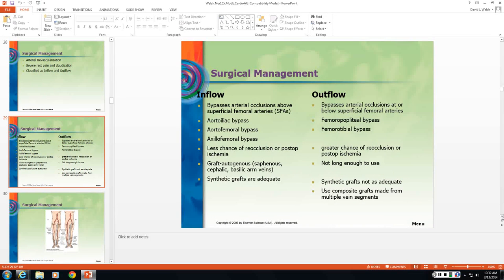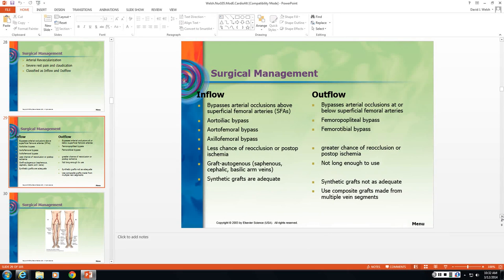Now, the outflow usually bypasses arterial occlusions at or below the superficial femoral arteries. It's going to be your femoral popliteal or femorotibial bypasses. There is a greater chance of reocclusion or post-op ischemia with these.